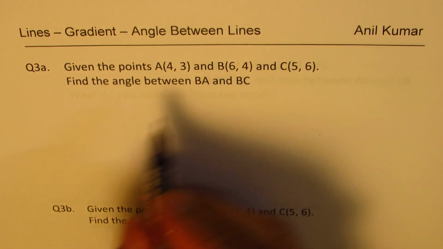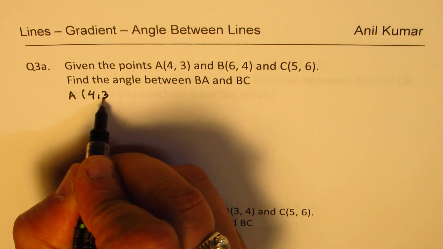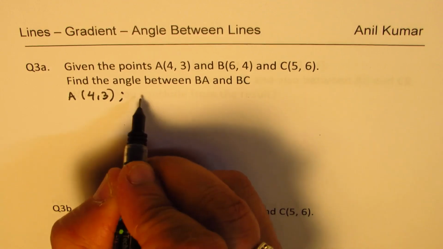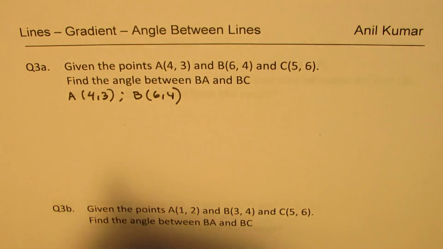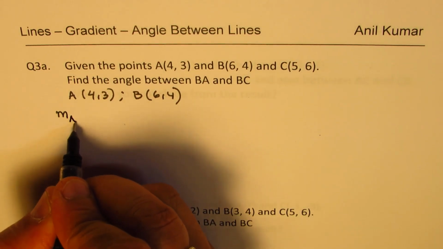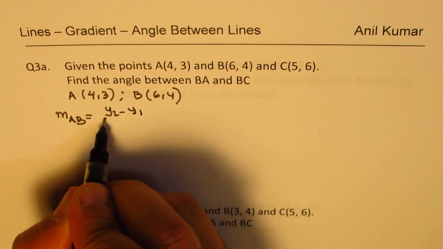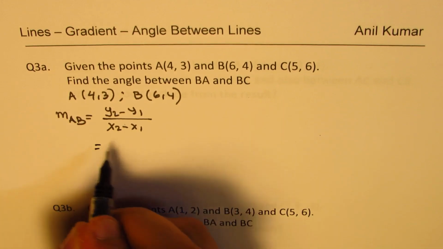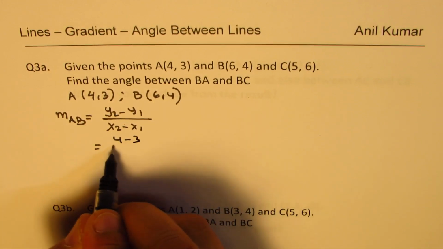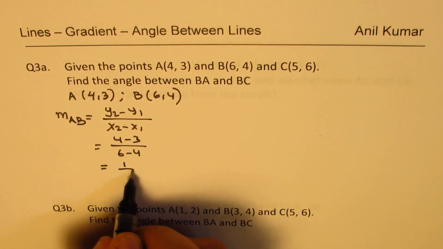We are given point A, which is (4, 3), and point B, which is (6, 4). Let us find the slope between points A and B, which is y2 minus y1 over x2 minus x1. This slope is basically (4 minus 3) divided by (6 minus 4), which is equal to 1 over 2.